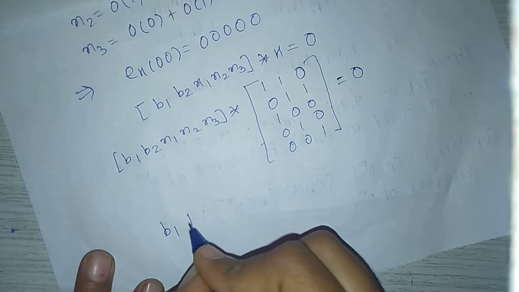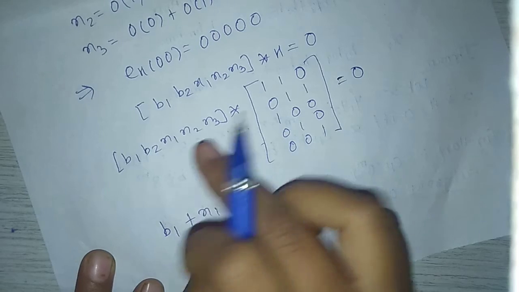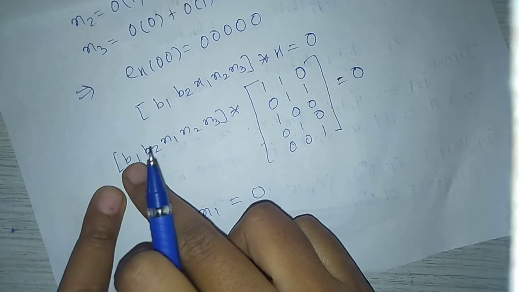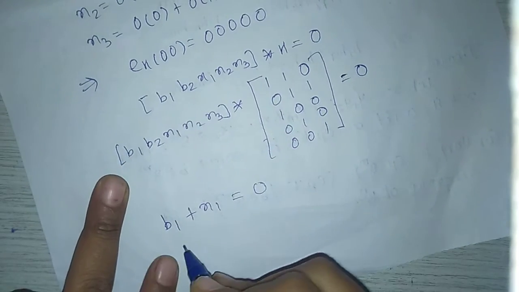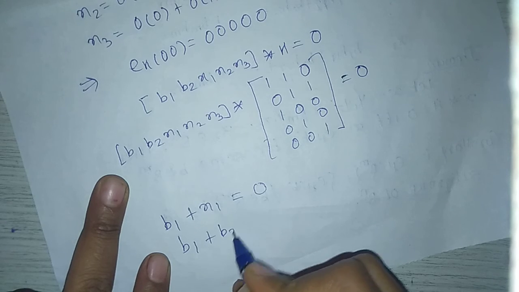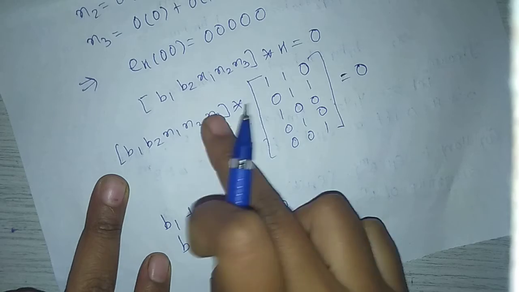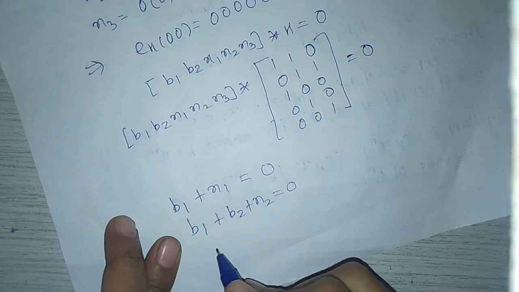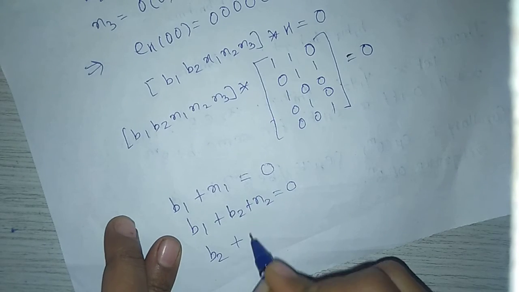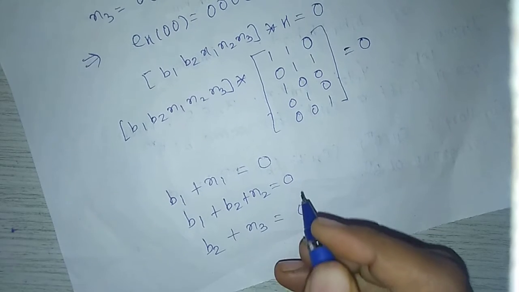b1 plus x1 equal to 0. Next equation, first row second column: b1 plus b2 plus x2 equal to 0. And the third equation, first row third column: b2 plus x3 equal to 0.